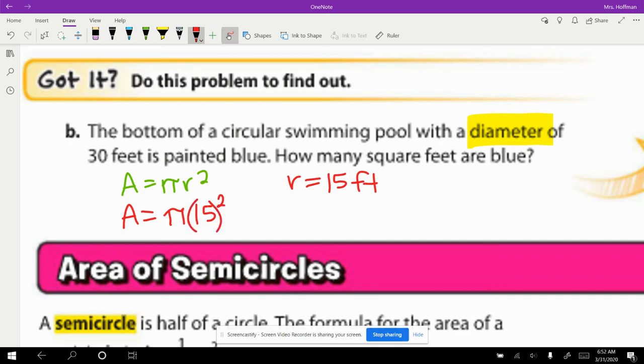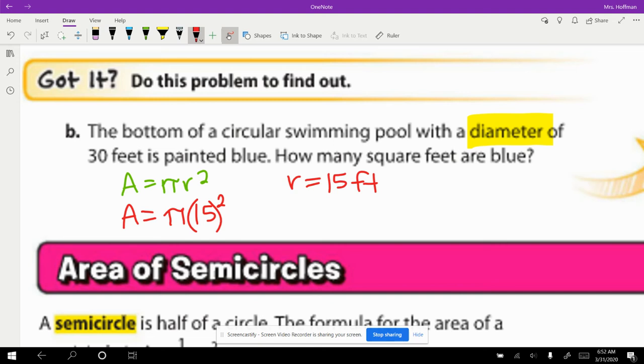Again, you should use your parentheses so that you don't forget which goes first. So I'm going to make you do this one on your own. You're going to want to square 15 first. And then whatever answer you get, you're going to multiply that by 3.14. Go ahead and pause the video before you sneak a peek at the answer. You can use a calculator, show all your work.